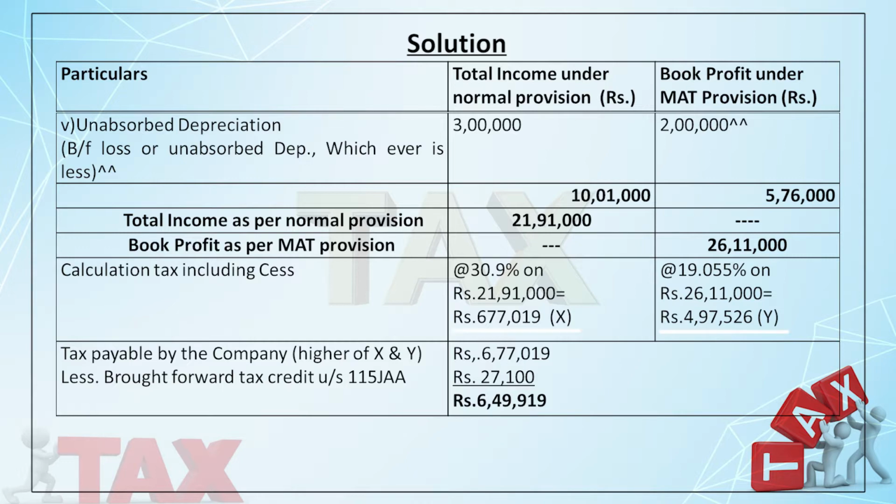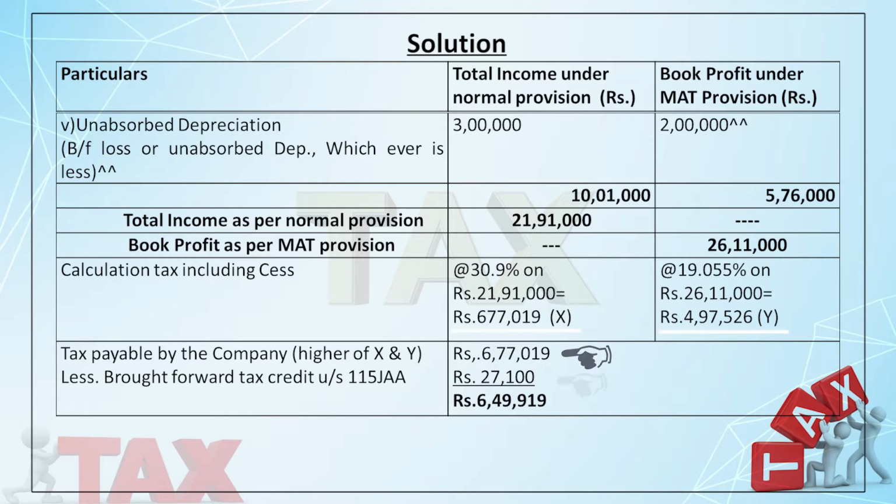So, here X is marked as the normal tax liability, and Y is marked as the tax liability under MAT provision. So, whichever is higher. Here, as per calculation, the company is liable to pay the amount marked as X, because it is higher than Y. So, this is the tax liability of the company.